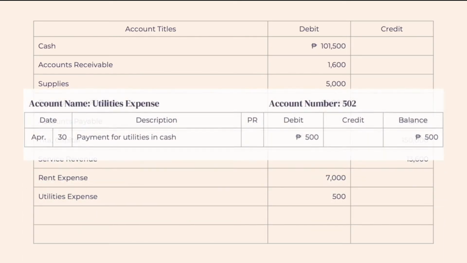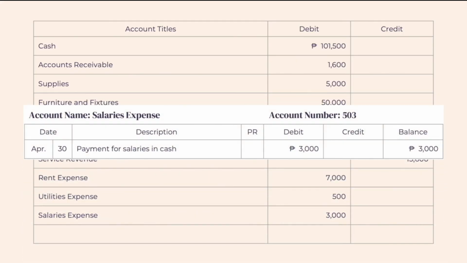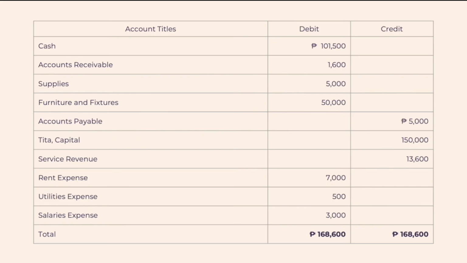Utilities expense, 500 pesos on debit. Salaries expense on debit with 3,000 pesos. And as you can see, the total of debit and credit is equal with 168,600 pesos. Meaning, you have a correct input with everything from step 1 until the unadjusted trial balance.